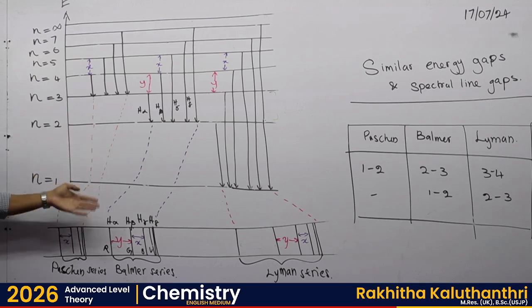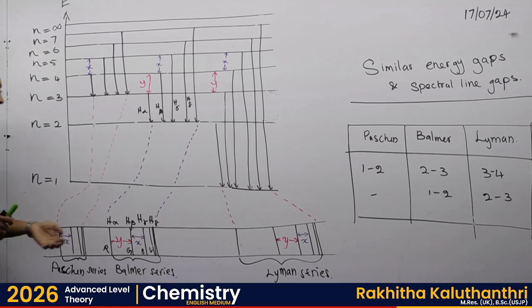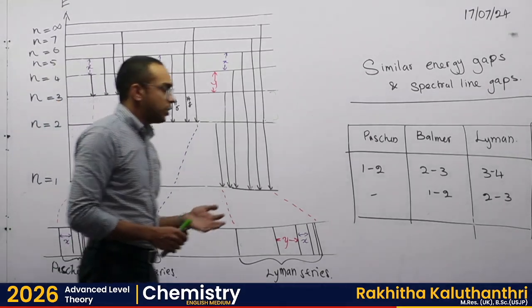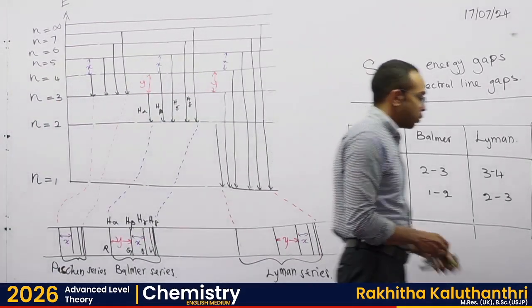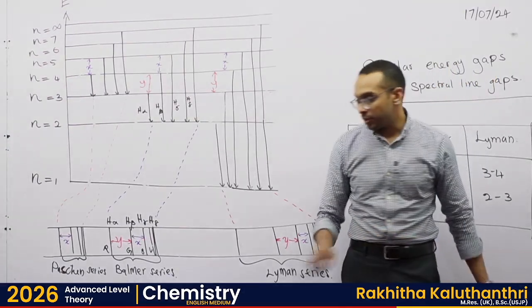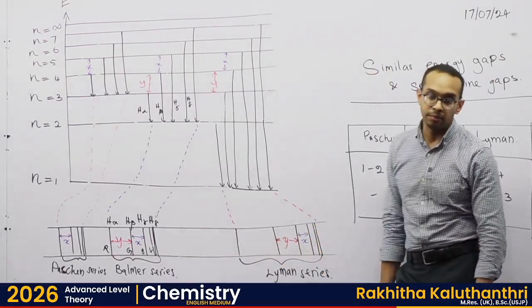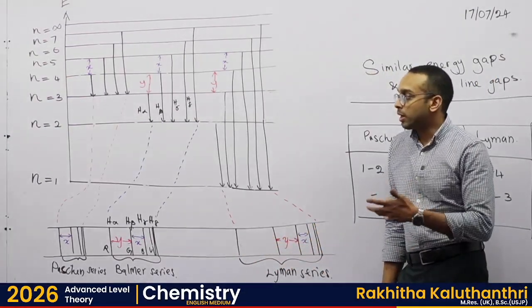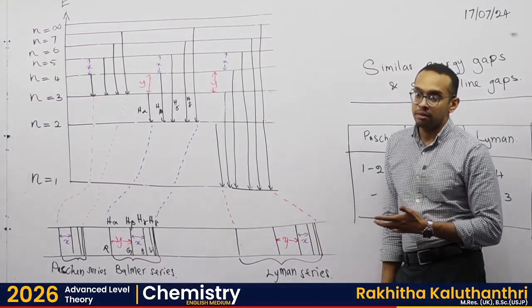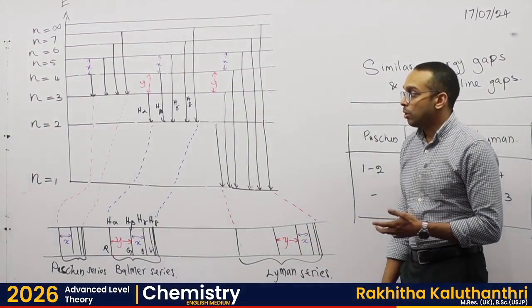So he explained hydrogen's emission spectrum using the information that I gave you. And in your paper, they usually ask a lot about the frequency distribution of the hydrogen emission spectrum. So you should be quite thorough with the current knowledge that I have given to you.